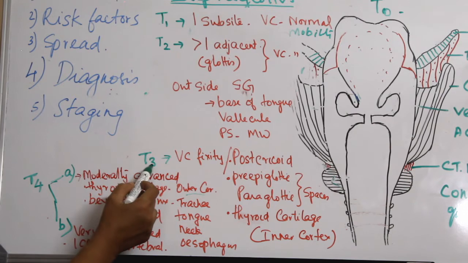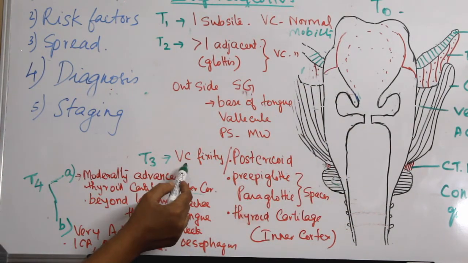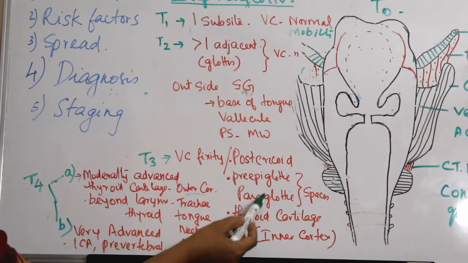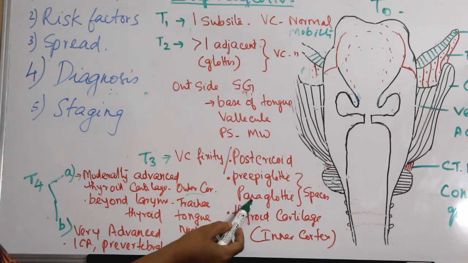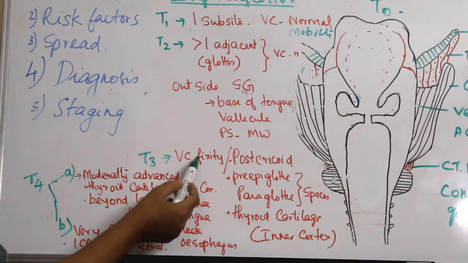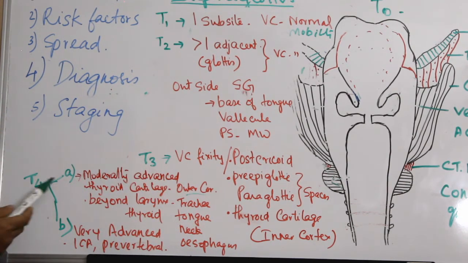Okay. So for T3, it is either tumor limited to the larynx with the vocal cord fixity, or involvement of postcricoid area, spaces of larynx, that is the pre-epiglottic and paraglottic, or inner cortex of thyroid cartilage with the vocal cord fixity is T3. T4 is again divided into T4A and T4B.